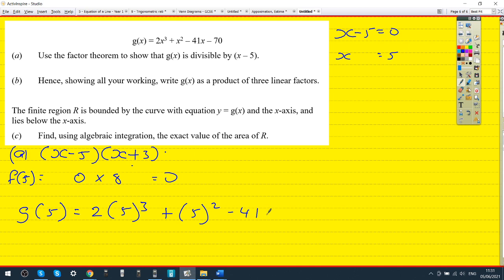So minus 41 times 5 minus 70. If it's a factor, when you sub in 5 you get 0 for the whole thing, including minus 70. Therefore, x minus 5 is a factor. That's it, using the factor theorem.